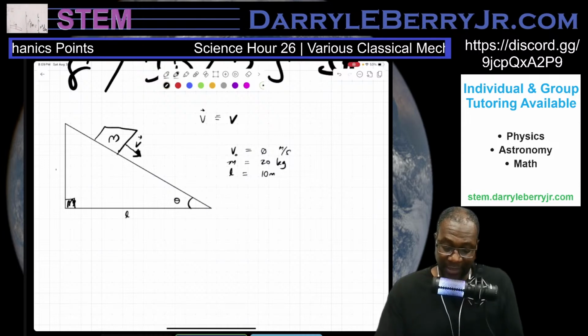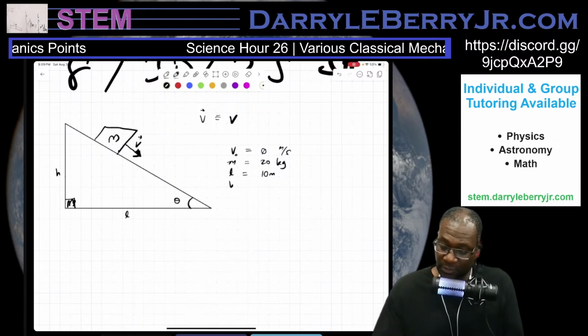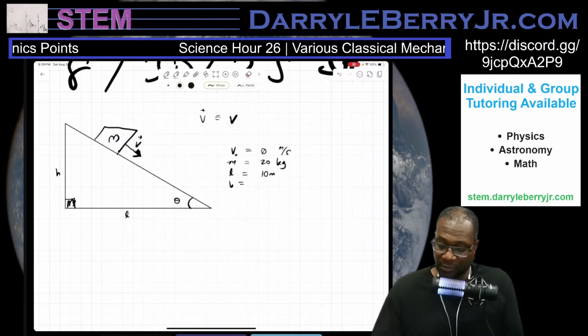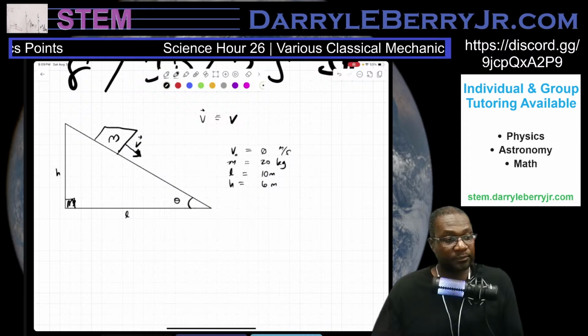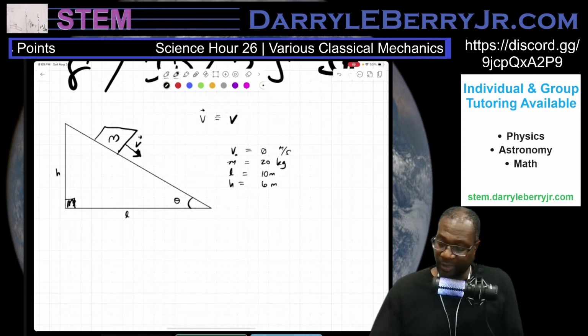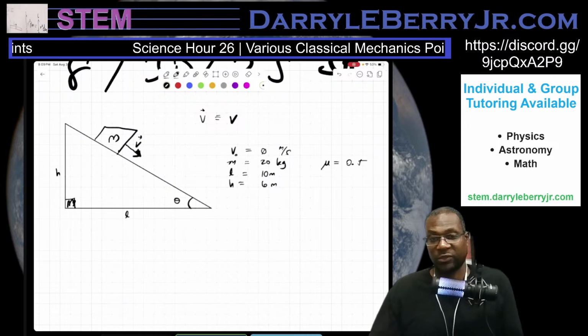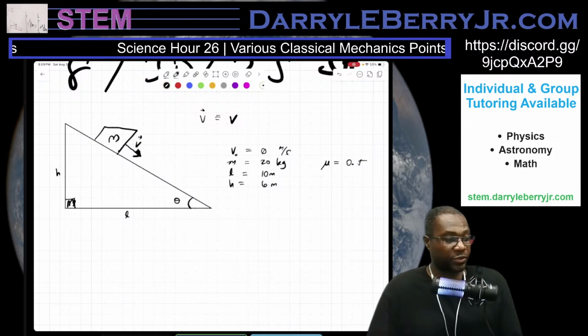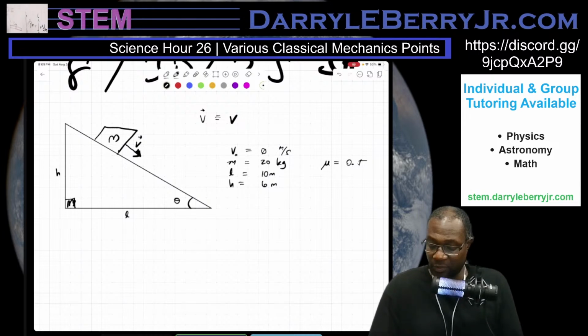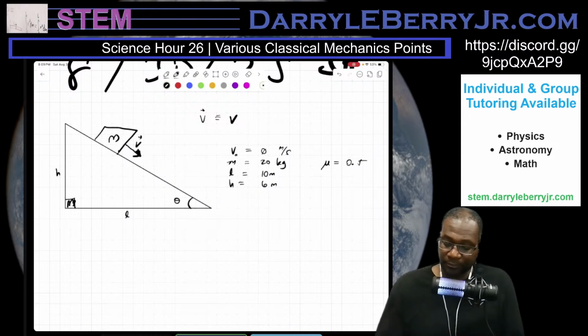Let's say that the height of the triangle of the ramp is 6 meters. And we may or may not do friction. So there's a coefficient of friction depending on the material and things like that. Let's say the coefficient of friction is 0.5, so we'll see about that later.